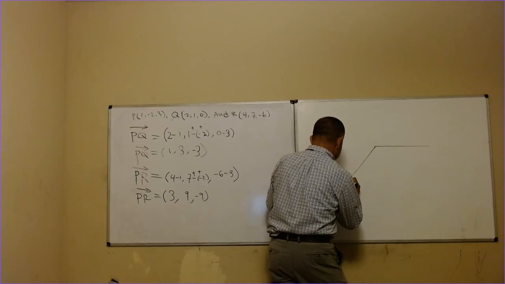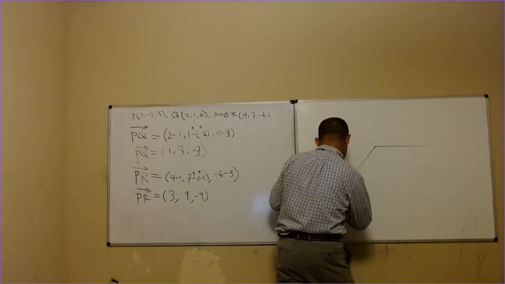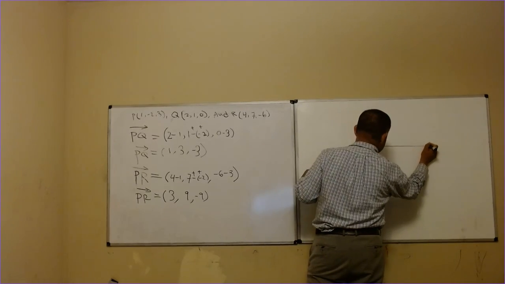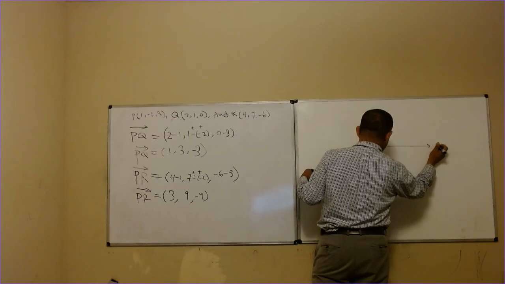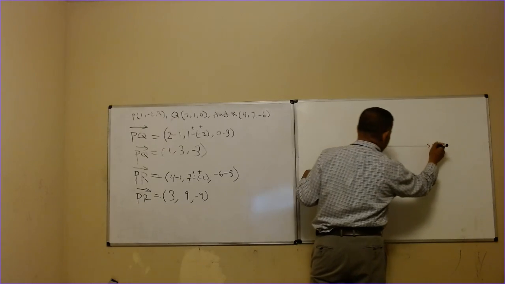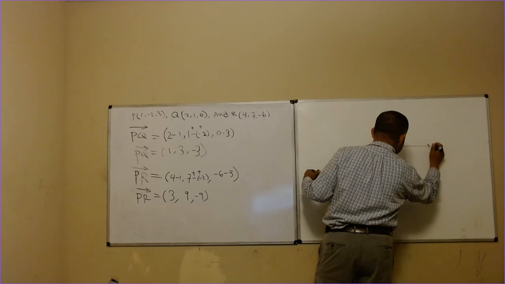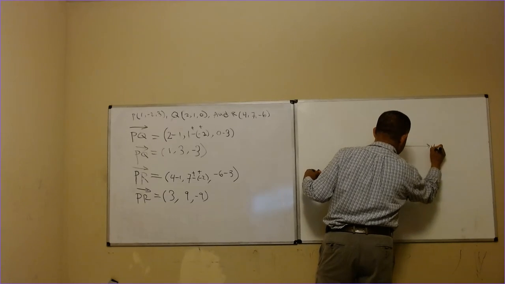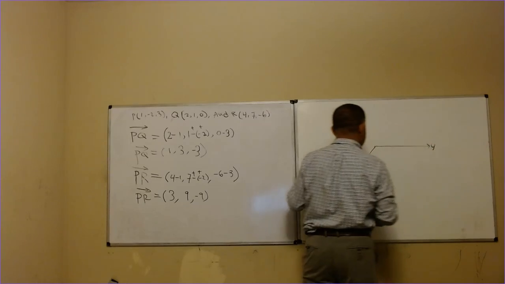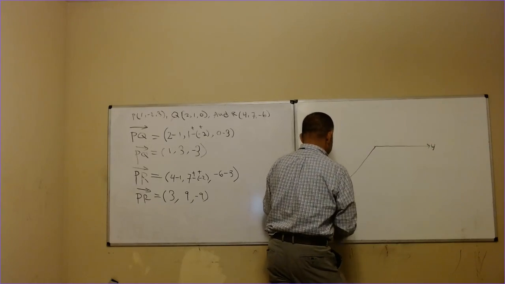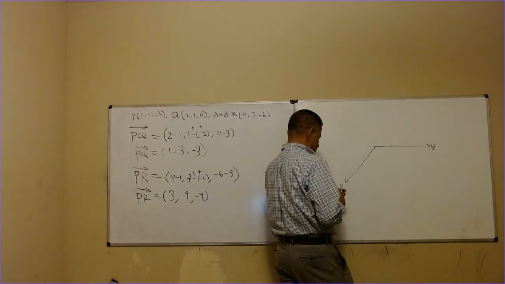We say that this is X. No, I'm sorry, this is Y. This is Y. Alright? And we say that this is X. Okay.